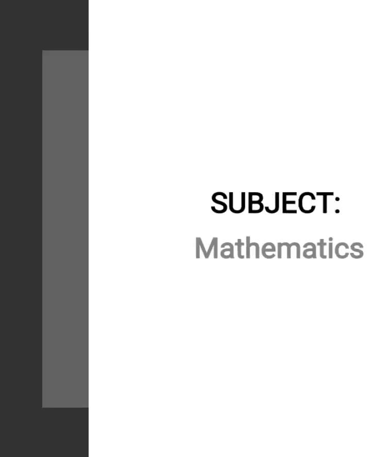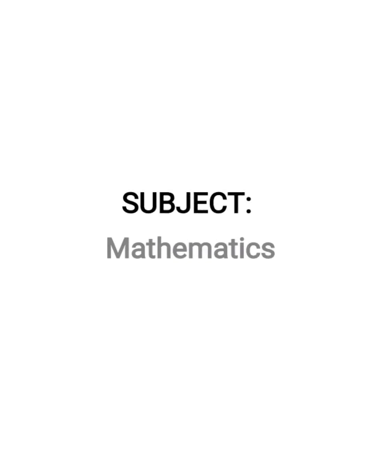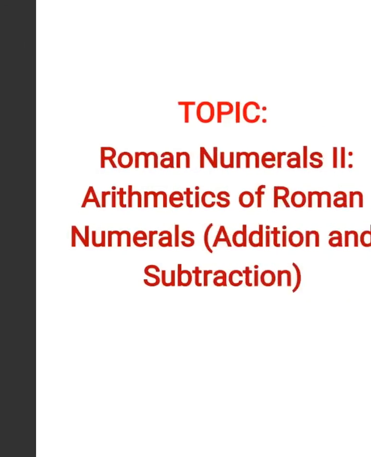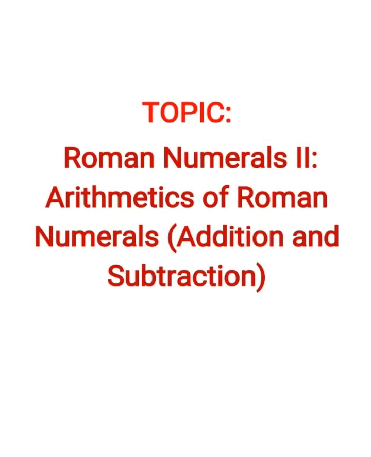The subject is mathematics and the topic is Roman numerals 2, arithmetics of Roman numerals, addition and subtraction. Remember, we've had Roman numerals 1 as the first symposium, and that focused on writing in Roman numerals, changing between Roman figures and Arabic figures.